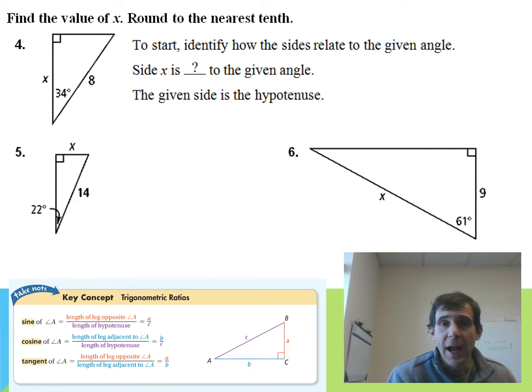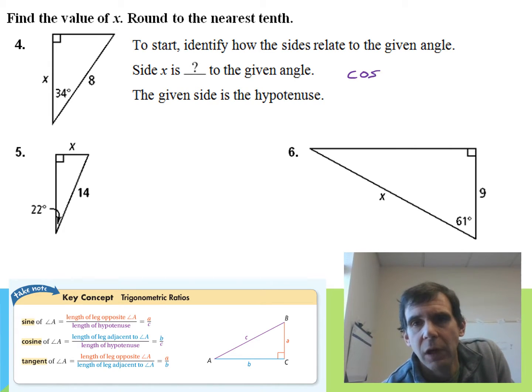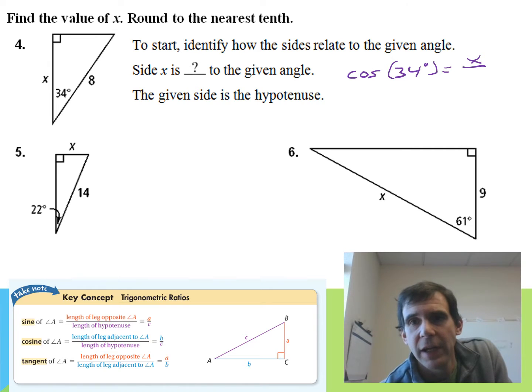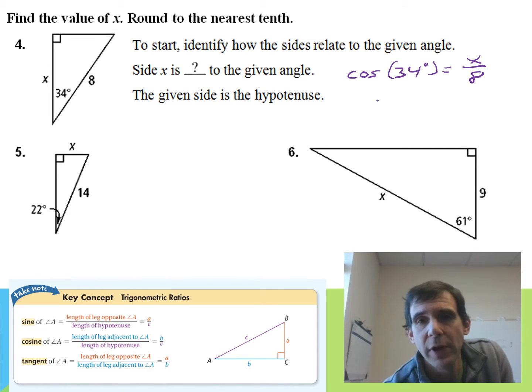Now that we've figured out the cosine of 34 degrees, I'm going to rewrite our equation here. So cosine of 34 degrees was equal to the adjacent x over 8. So we used our calculator to find out that the cosine of 34 degrees is 0.83, okay, rounded.